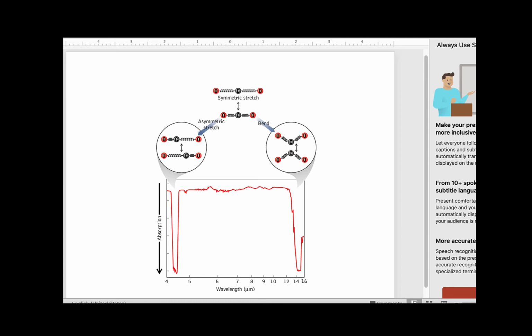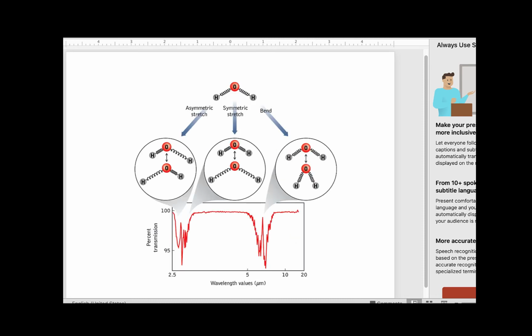The next one we're going to look at is water. Water is already a polar molecule, and it has a net dipole even in its unstretched scenario, and it has three possible ways of absorbing infrared radiation.